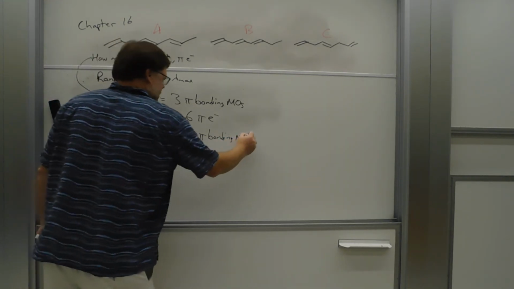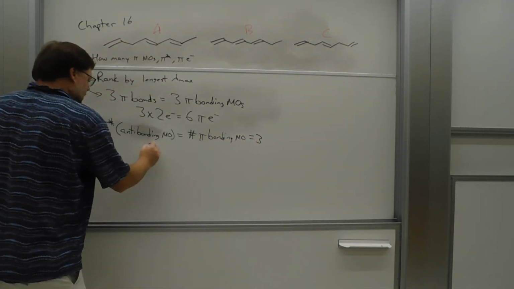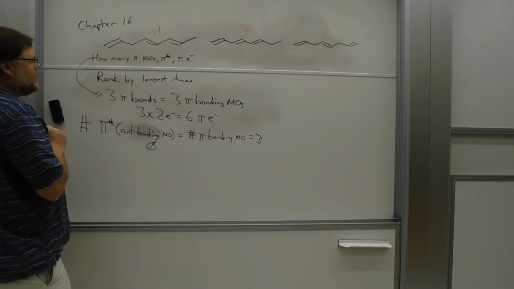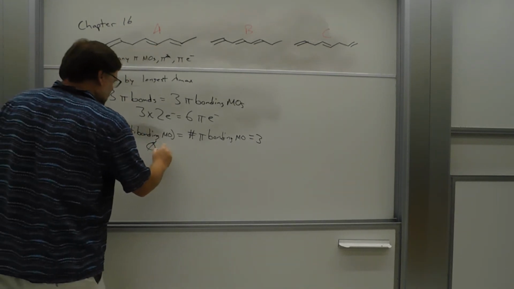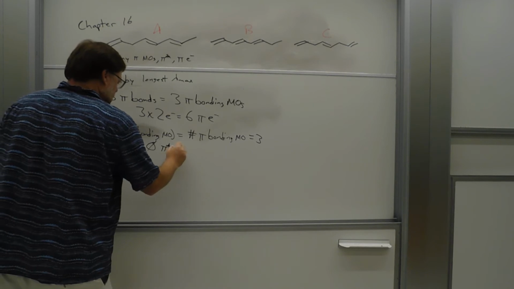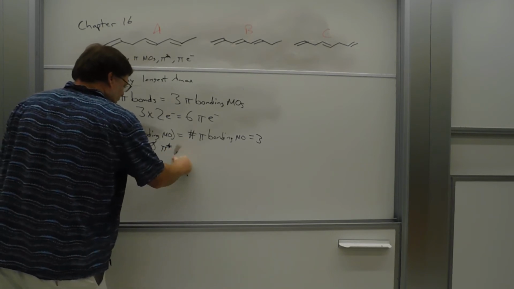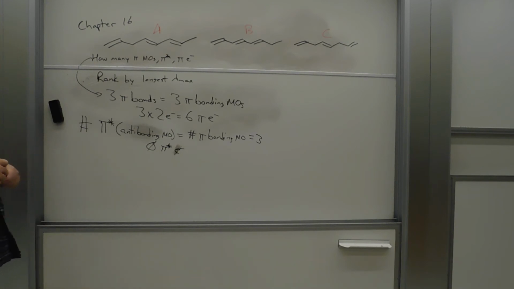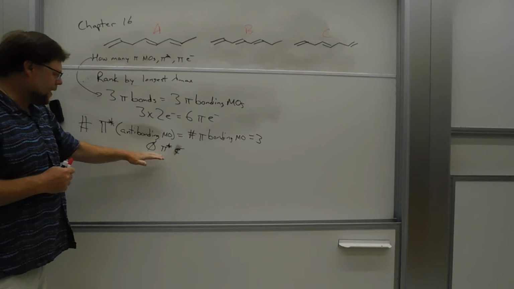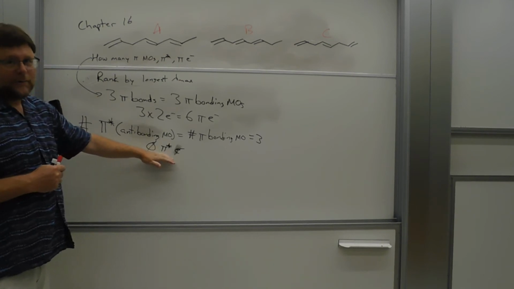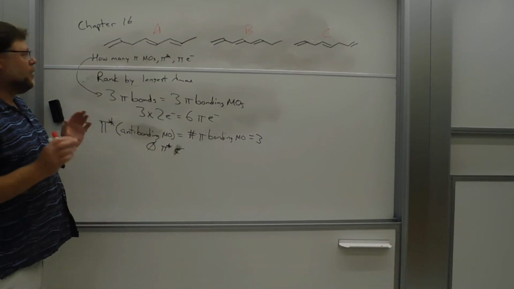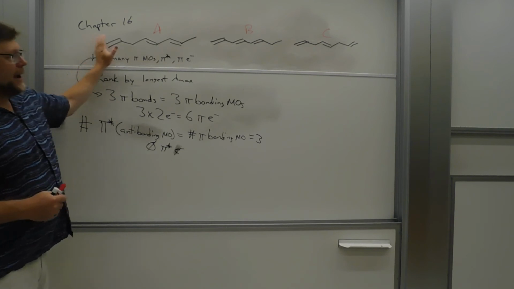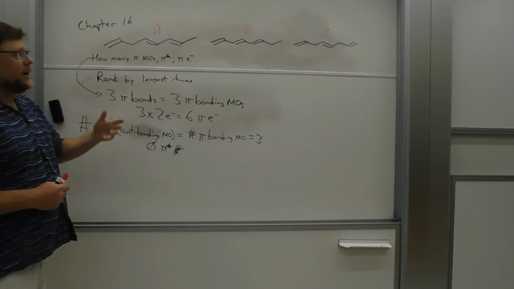And in this case, that's 3 as well. But in a stable molecule like this, there are 0 pi star electrons, not pi star MOs. So in a stable closed shell molecule, there are no electrons in the pi antibonding orbitals. Okay, so if you didn't do it already, hit pause and rank A, B, and C by longest lambda max.